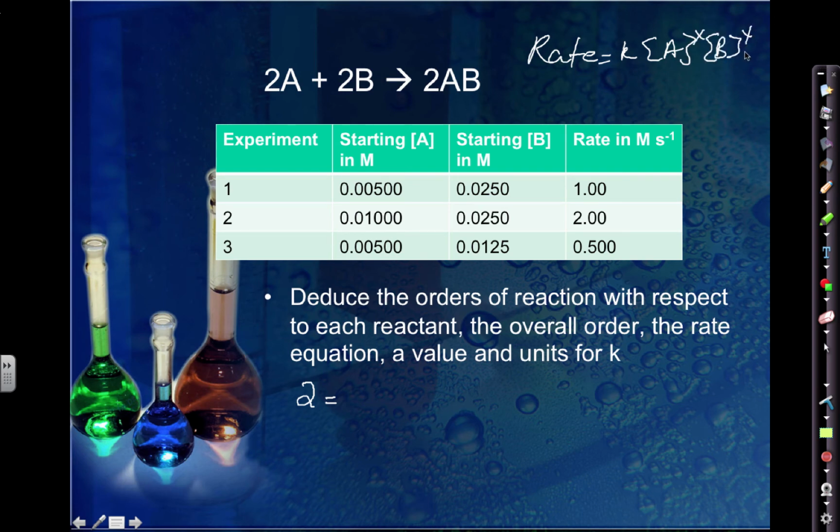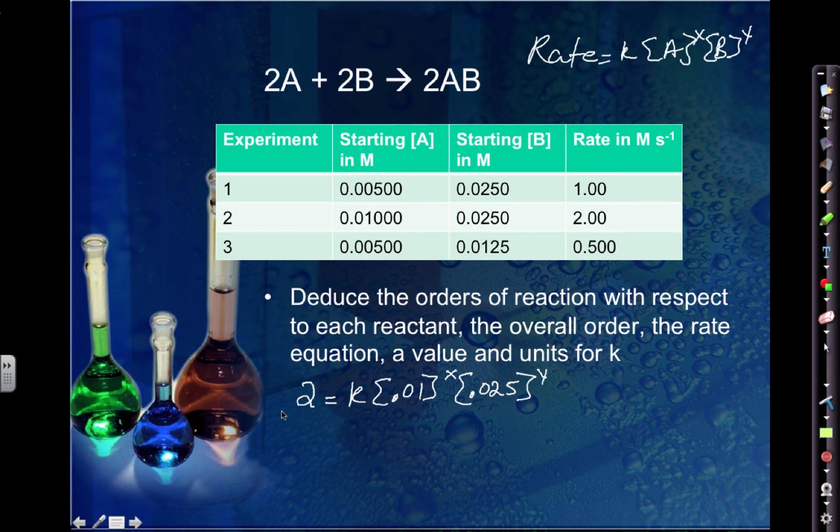Okay, so I'm going to plug in the values that I know into this equation using experiment 2. So 2 is the rate. I don't know what K is yet. The concentration of A for experiment 2 is 0.01 taken to some power, which I don't know yet, multiplied by B, which is 0.025, taken to some power, I don't know.